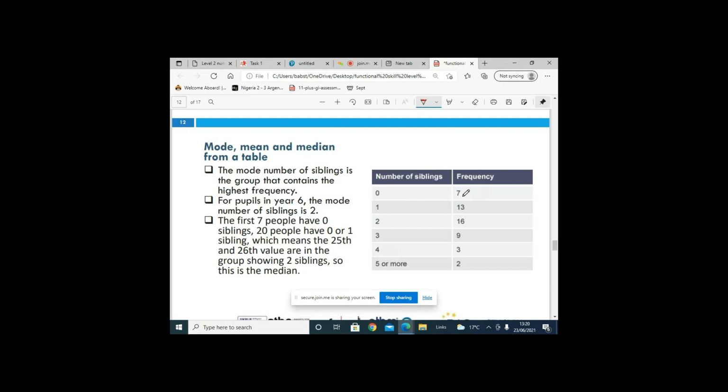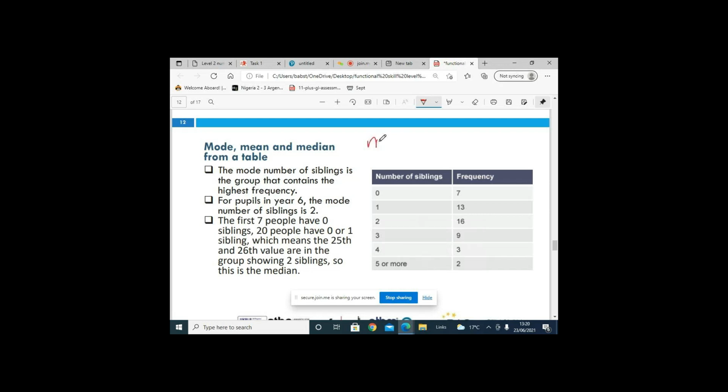So this 0 occurred 7 times, 1 occurred 13 times, 2 occurred 16 times, 3 occurred 9 times, 4 occurred 3 times, while 5 or more occurs twice.